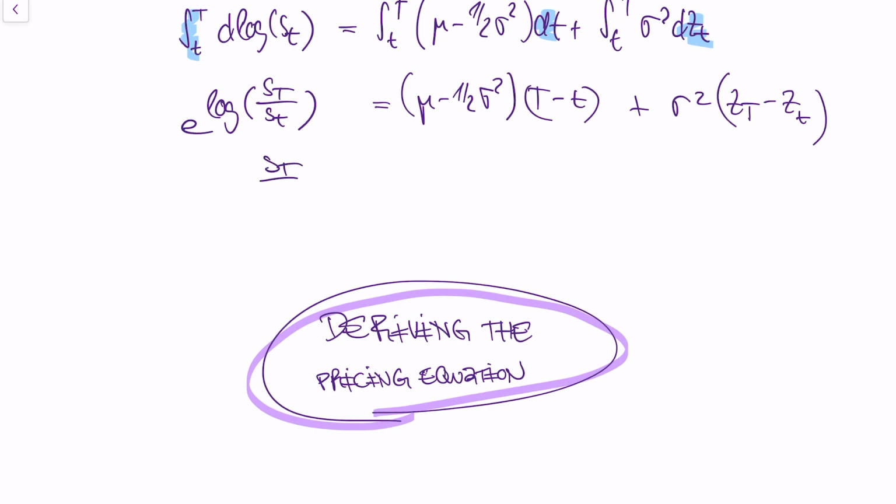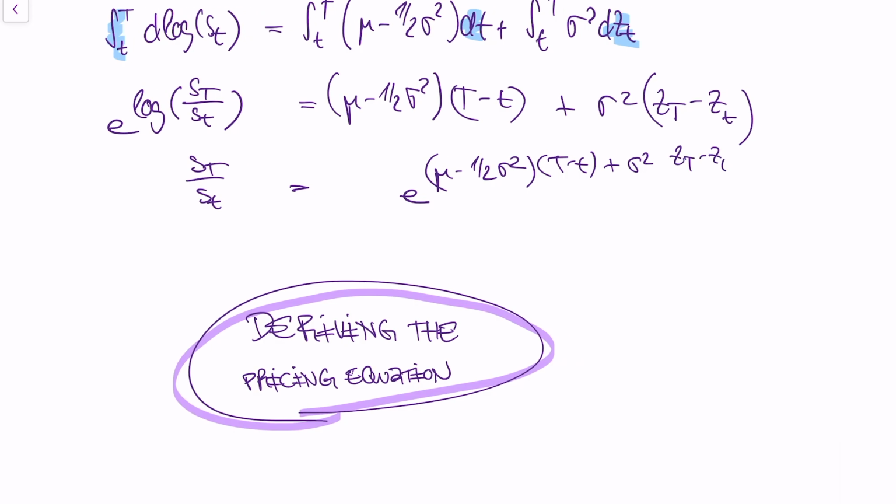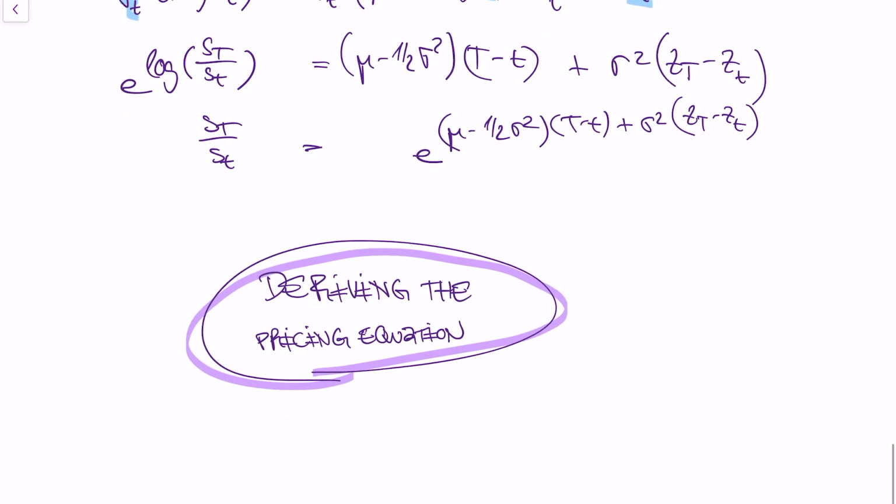So I get S_T divided by S_t. And here I just get the exponential. And all I do is I multiply now, so I take the S_t to the other side. And this is our final formula that we actually get.